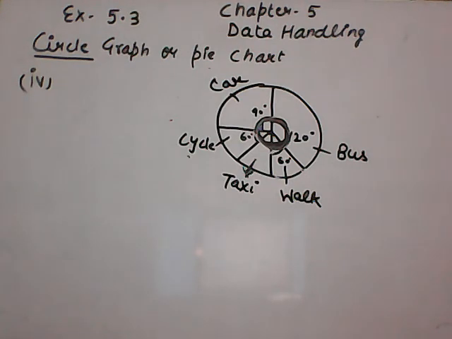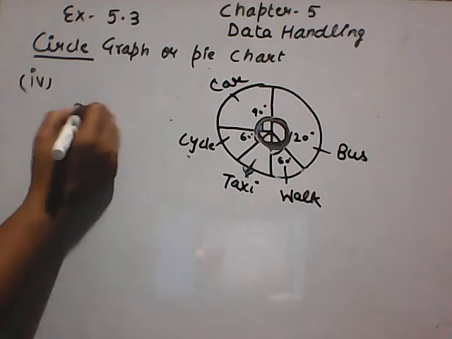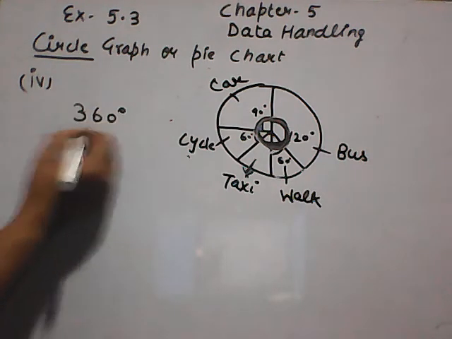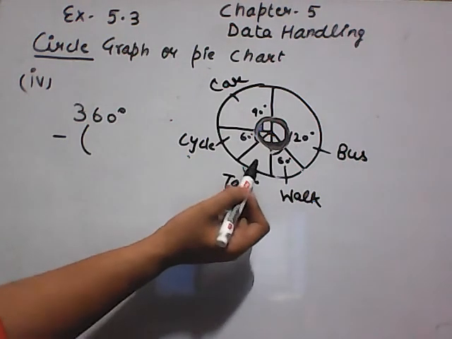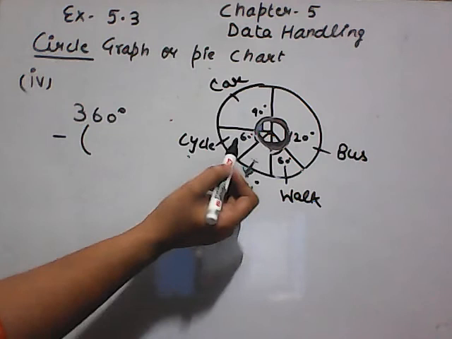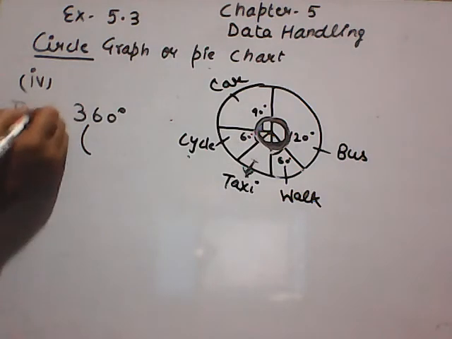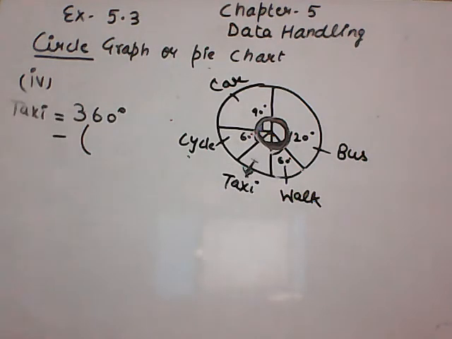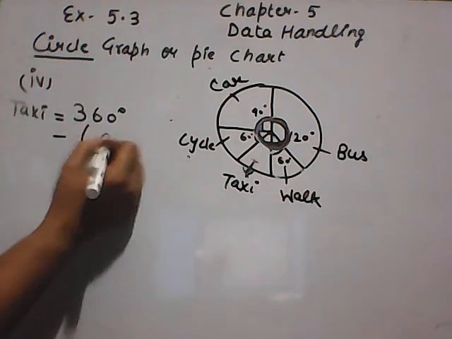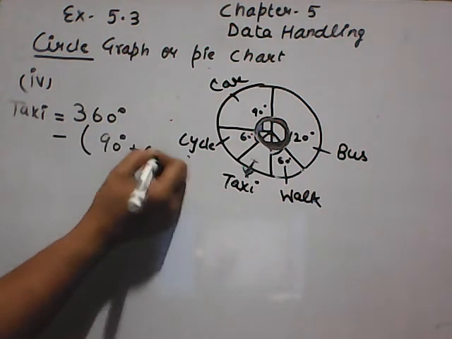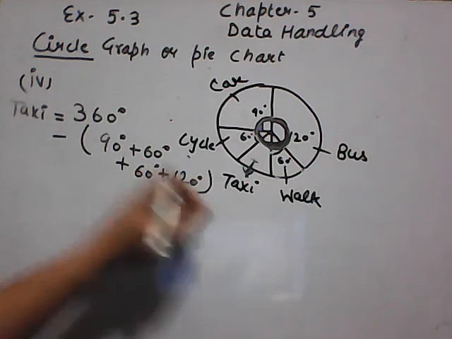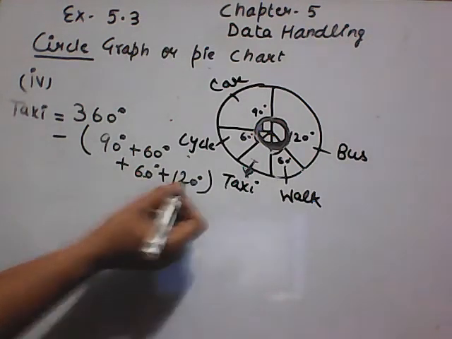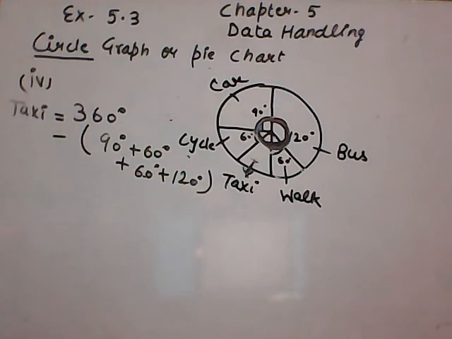Total revolution is 360 degrees, minus 90 degrees plus 120 degrees plus 60 degrees plus 60 degrees, as taxi is not known to you. 60 plus 60 is 120, 120 plus 120 is 240, 240 plus 90 is 330 degrees.